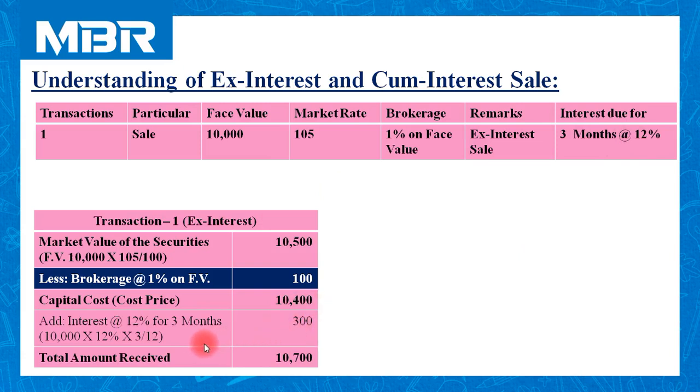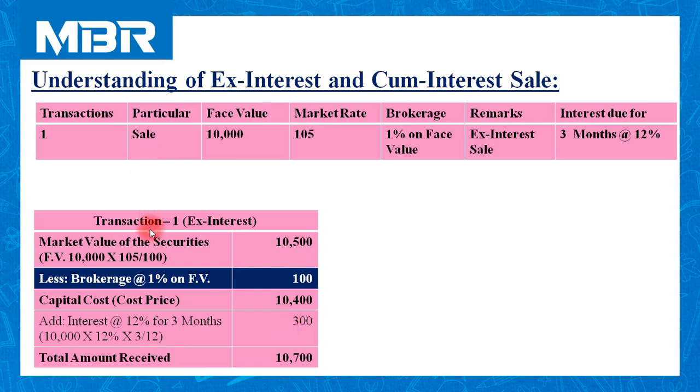So total amount received by the seller is 10,700. Total amount 10,700 includes 10,400 rupees for security and 300 rupees for interest extra. X interest means value is given for securities only, interest is extra.